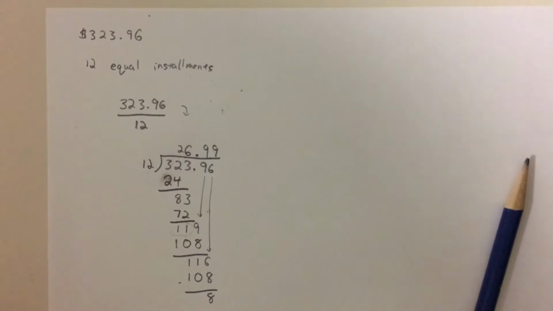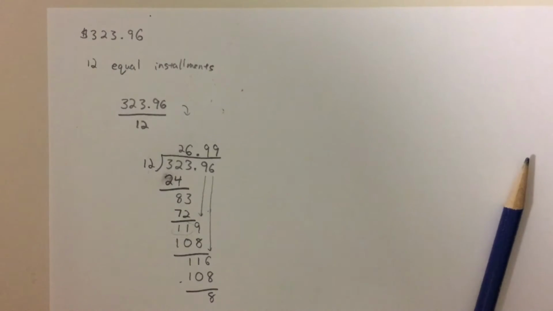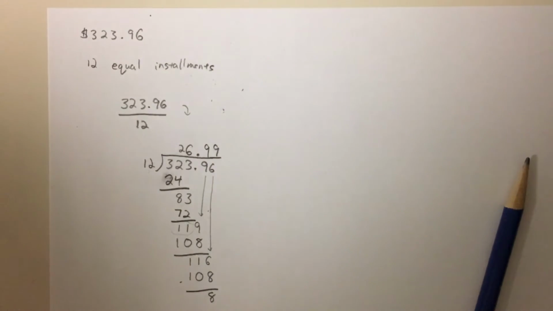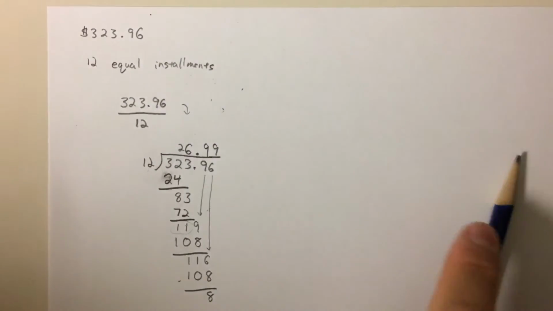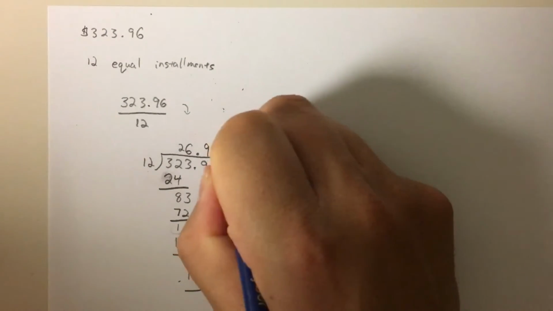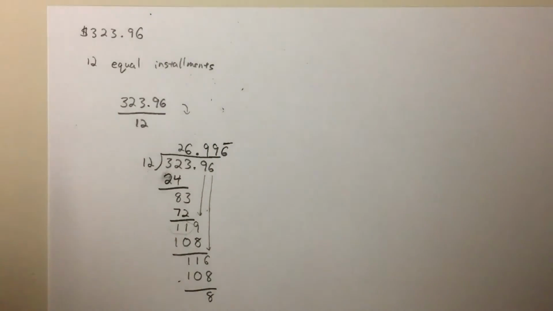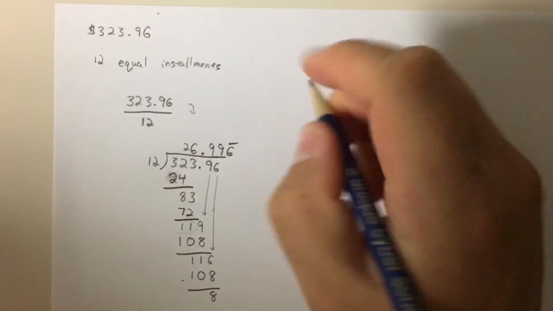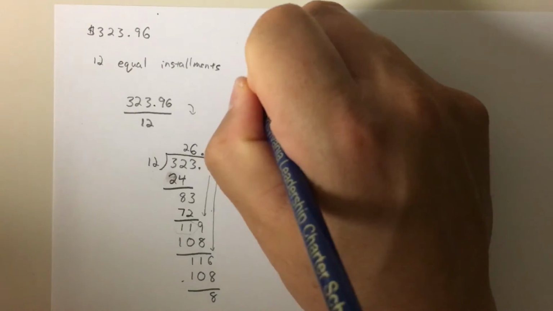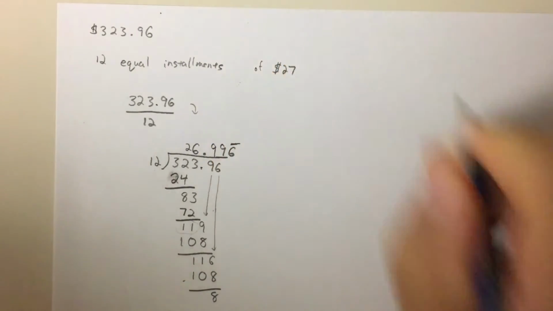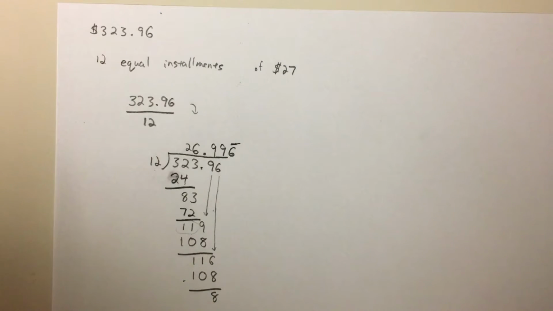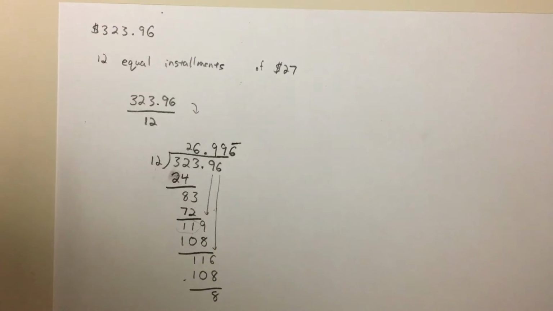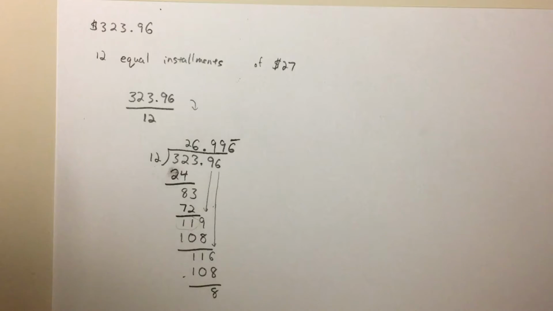So I'm going to do that now. So essentially it's $26.99. It's not going to be equal. If you were to continue this out, it would be 6 repeating. So in this case, we could just say here that 12 equal installments of, we'll just say $27. Obviously, she'll pay it off a little bit early, merely pennies. That last payment won't necessarily be $27, but we'll be okay here.